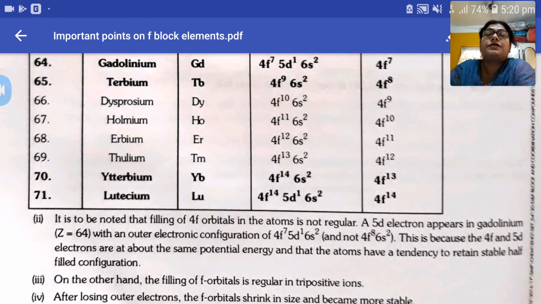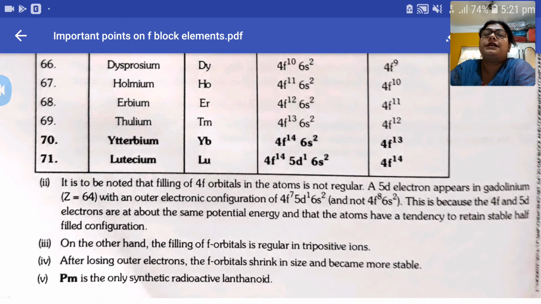A 5d electron appears in gadolinium, Z equals 64, with electronic configuration 4f7, 5d1, 6s2. This is because 4f and 5d electrons are at about the same potential energy, and hence the atoms have a tendency to retain the stable half-filled configuration.